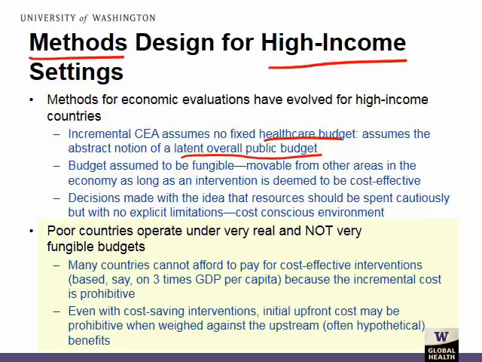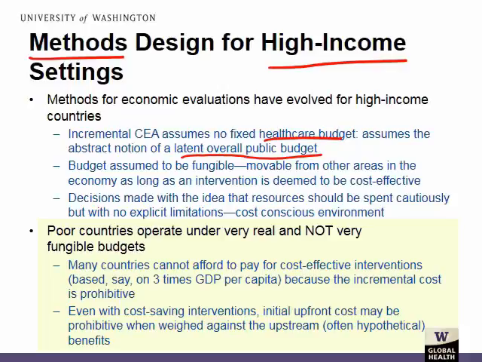And as you will have seen in week 2, when we discussed the WHO paper on affordability, many countries can't even afford to pay for interventions that are cost effective based on 3 times GDP per capita.